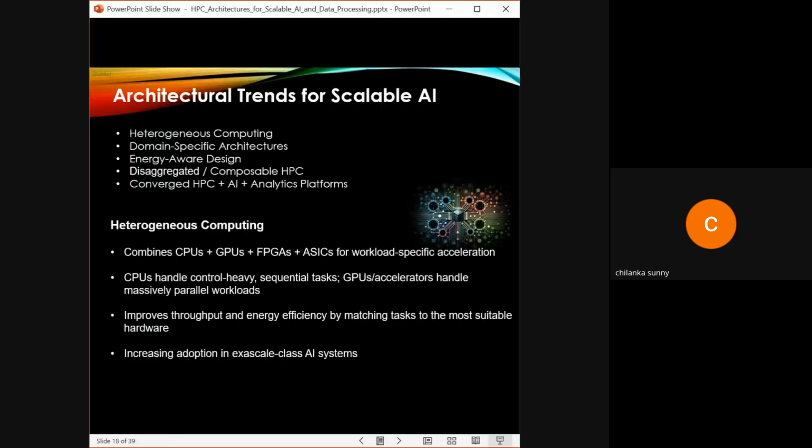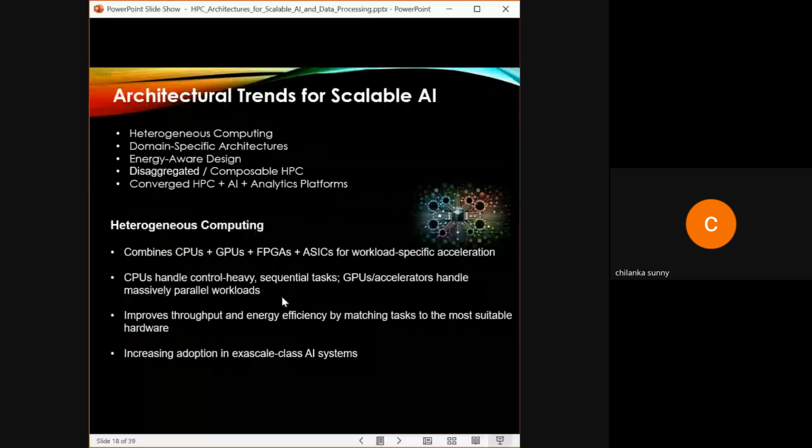The common real-world stacks often combine, let's say, an x86 CPU and multiple HBM-equipped GPUs, which are connected by NVLink or NVSwitch, then an optional FPGA or smart NIC for in-network reduction or compression. When we talk about exascale-class AI, this heterogeneous mix is the default, not a choice.